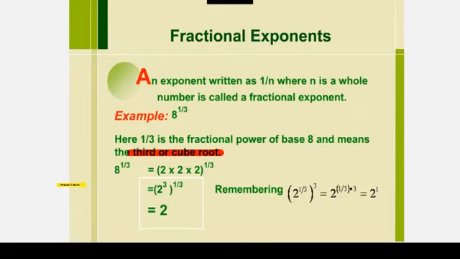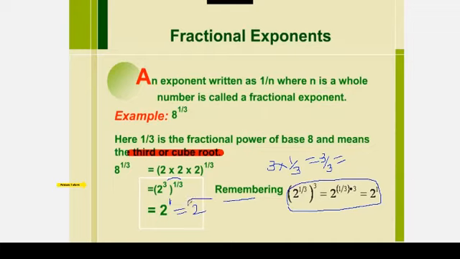Now, what does the power of power rule say? We need to multiply the exponents, is it not? If I multiply the 3 and 1 by 3, it becomes 3 by 3, simply 1. Can you see how it becomes 1? So 2 power 1, no need to even write that 1. If you simply write 2 as the final answer, that's enough.